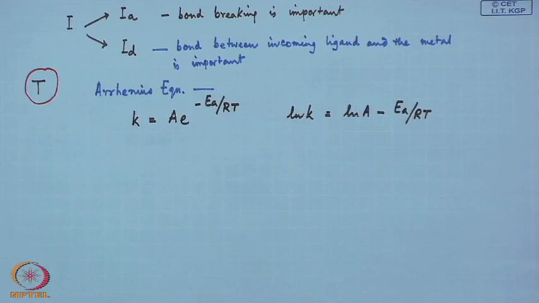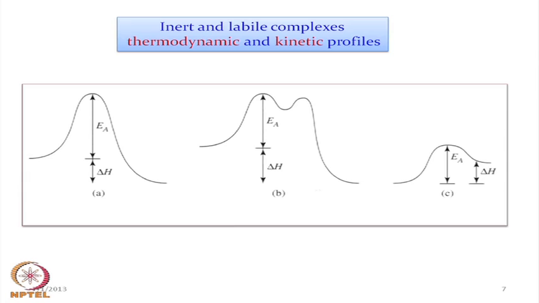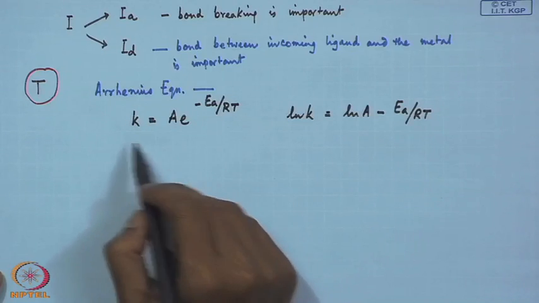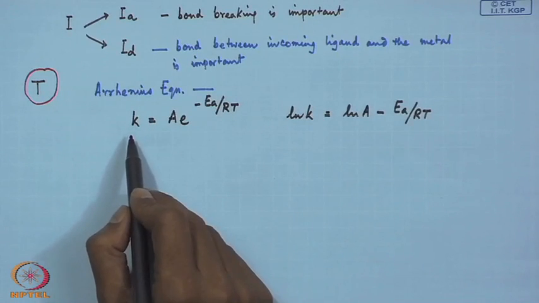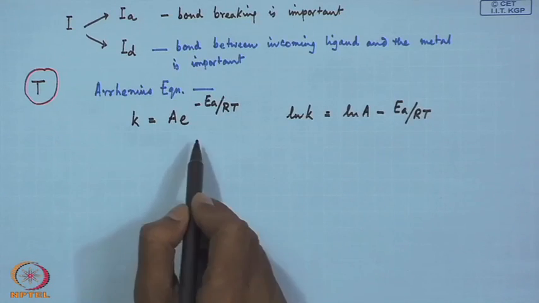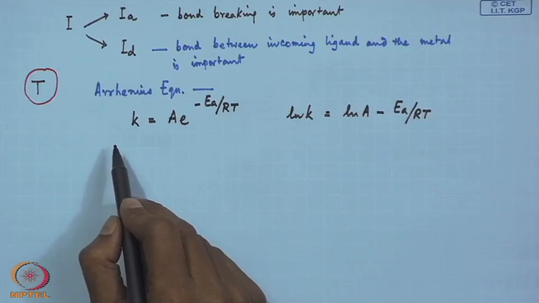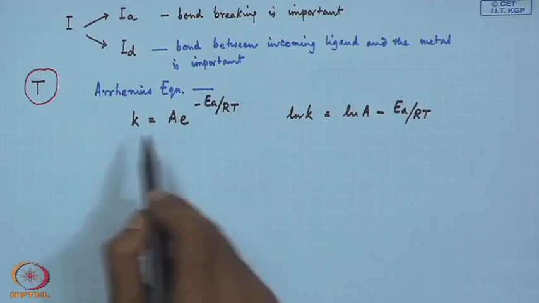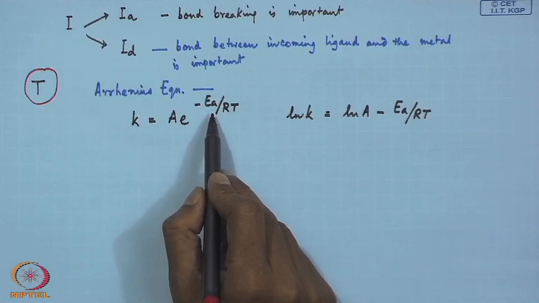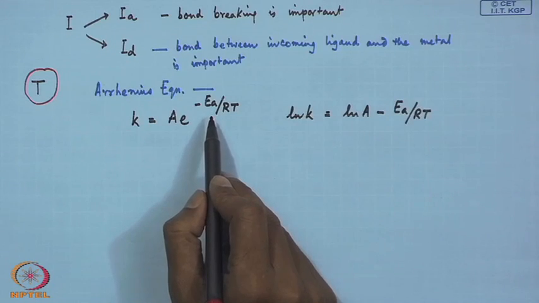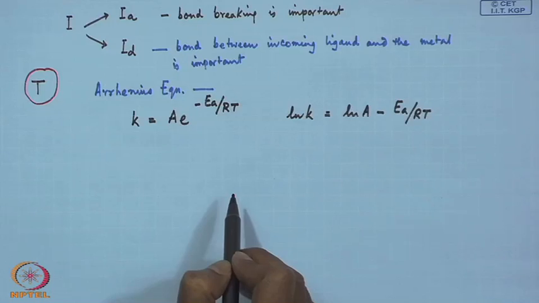So, these give us plots where we can find out how the corresponding parameters behave. The K values are the rate of the reaction, which has some dependence on the thermodynamic stability: K forward divided by K backward gives us the equilibrium constant value. But this EA value is the energy of activation, the potential energy barrier.